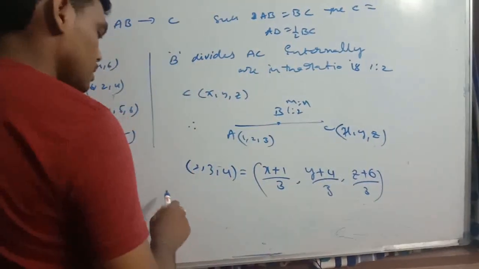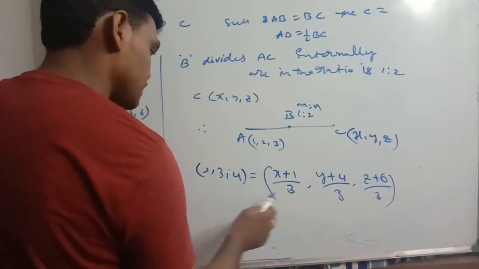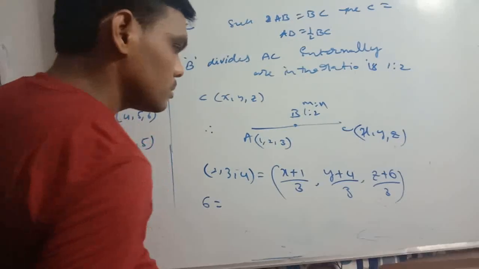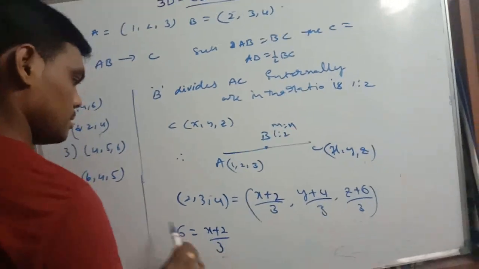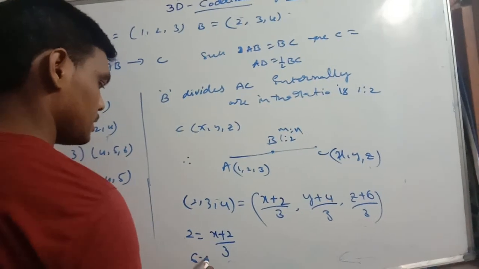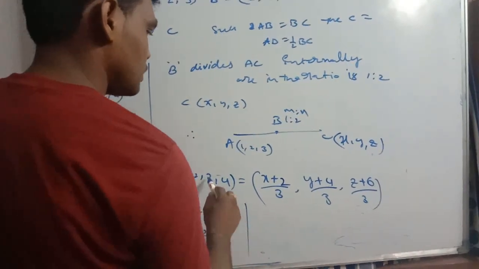Now here comparing with the coordinates, the x coordinate, y coordinate and z coordinate. Now this is 3 twos are 6 is equal to x plus 2 by 3, and this is 6 minus 2 is equal to x, so x is equal to 4. Also the y coordinates are equal.